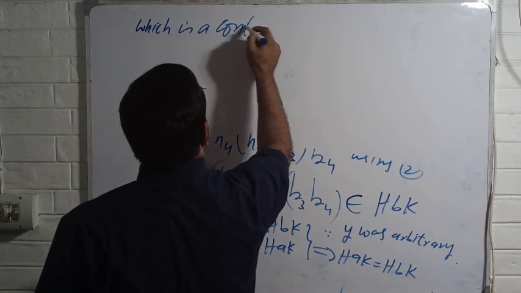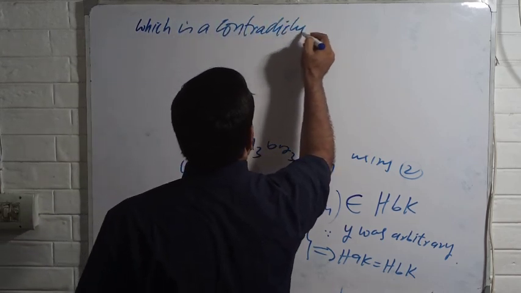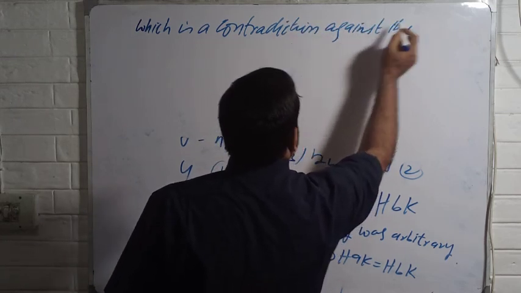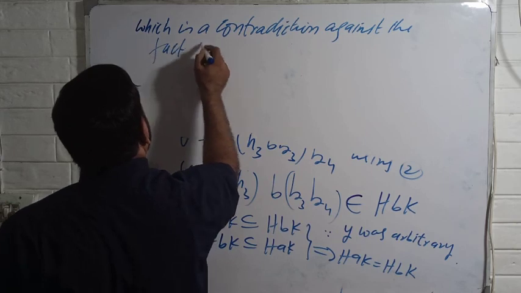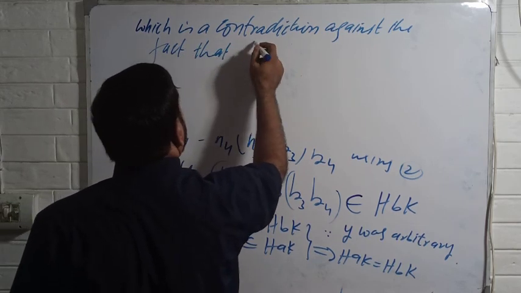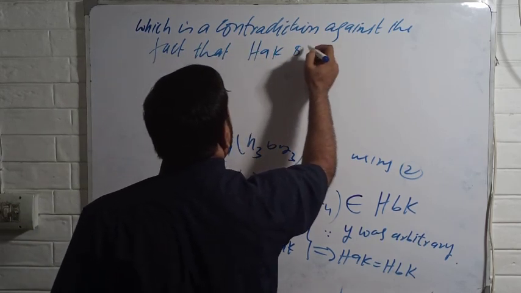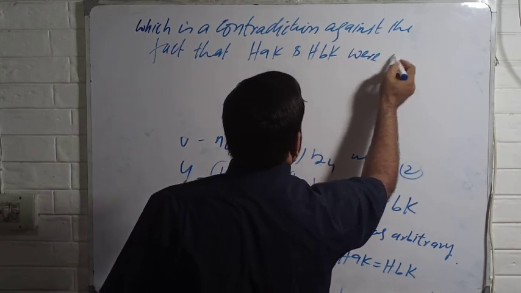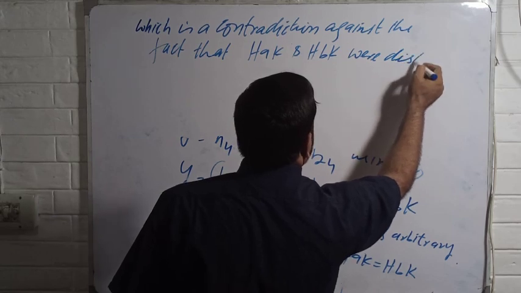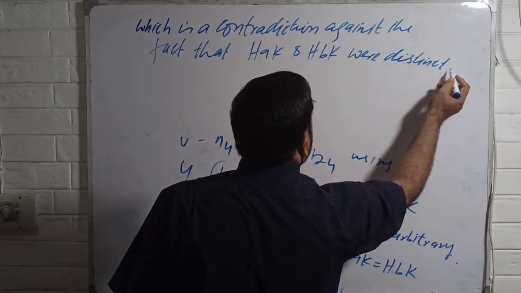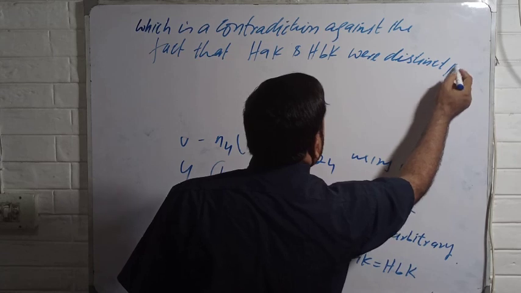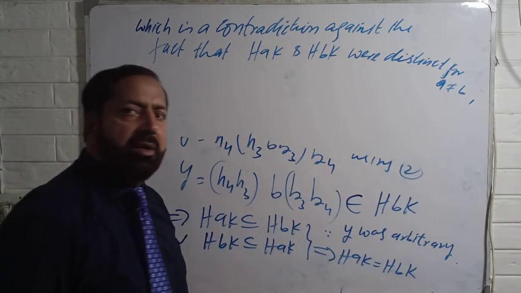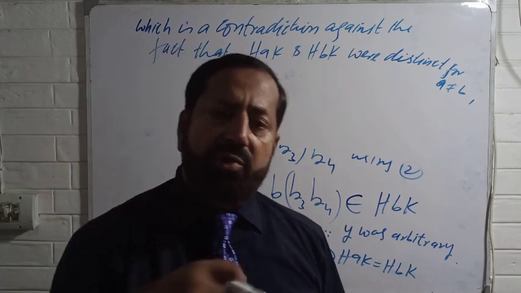Which is a contradiction against the fact that HAK and HBK were distinct for A not equal to B, hence our second supposition is wrong.